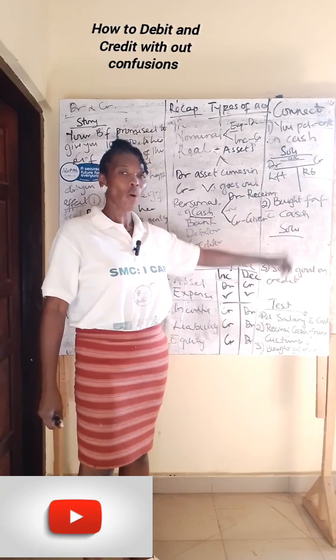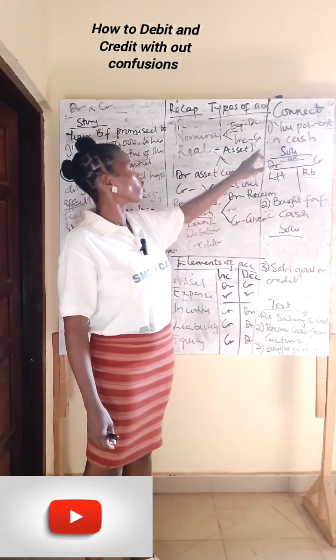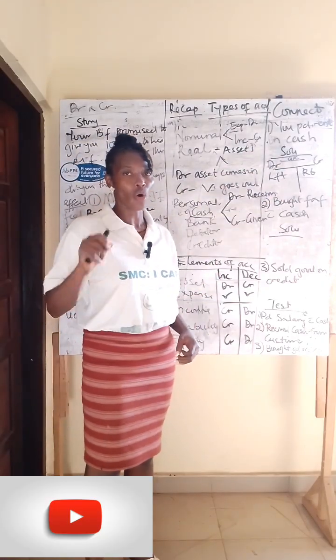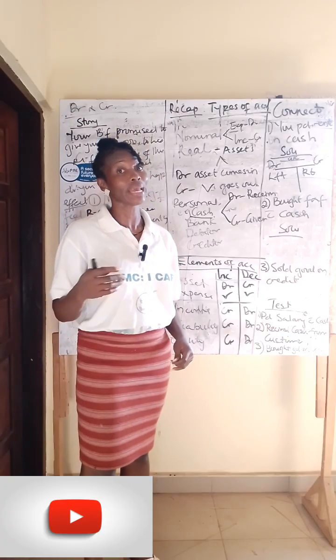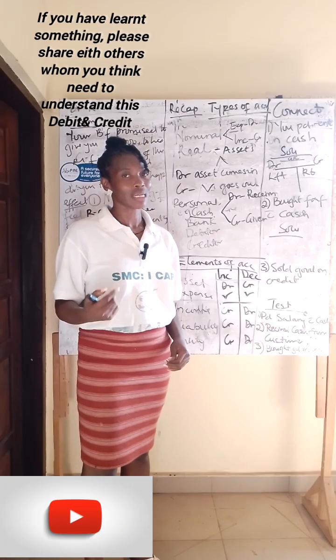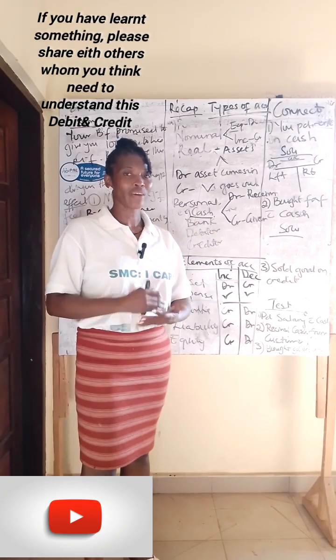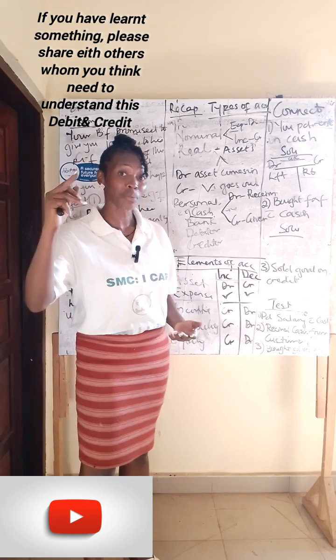Are we together? Whenever you have income, it goes on the credit side of your income account or the credit side of your sales account, because when there's a sale, you're going to have income. I don't want to bore you with all the story, but the important thing to know is that whenever you have an expense, you debit your expense account.